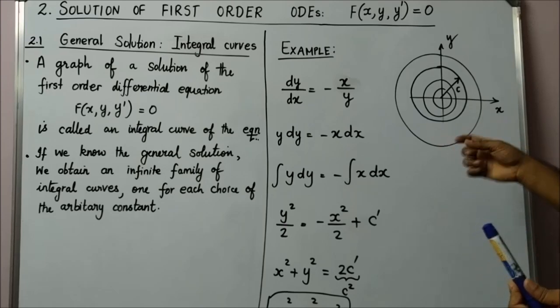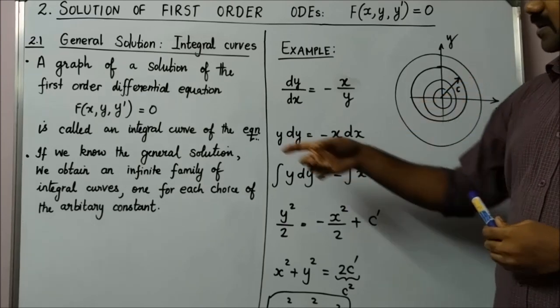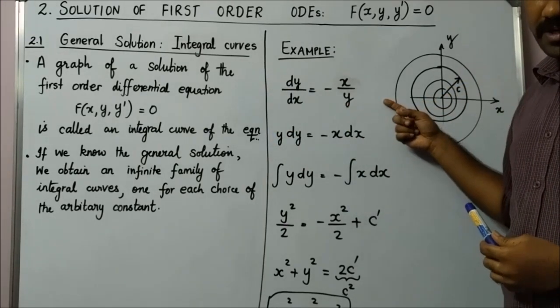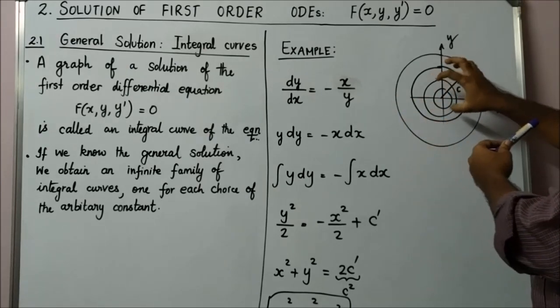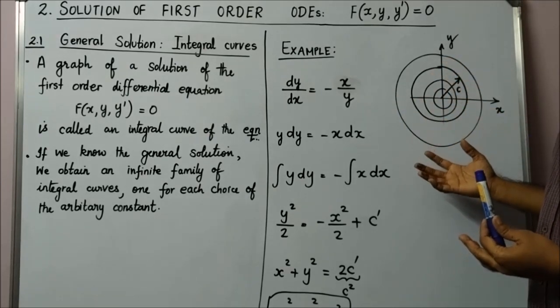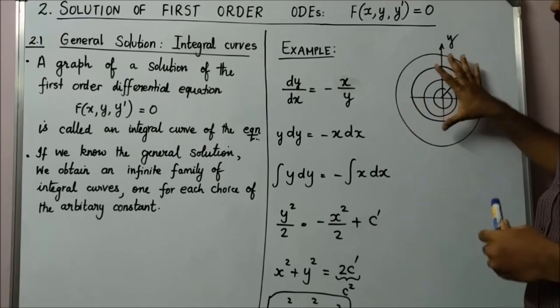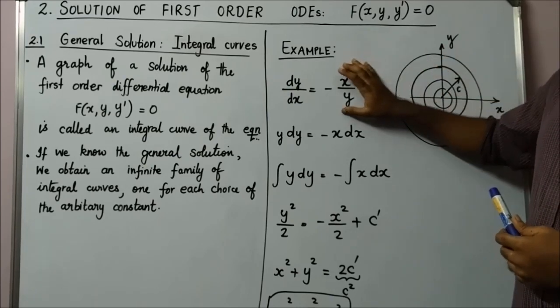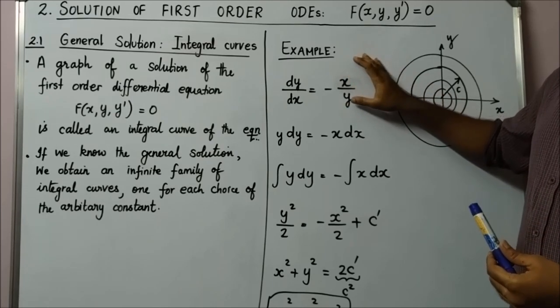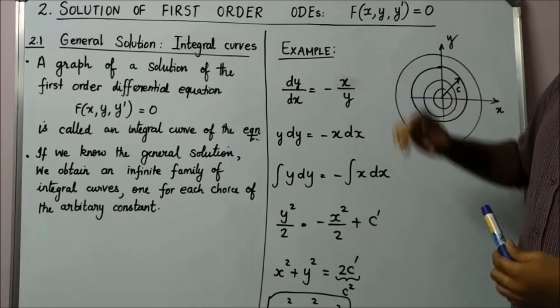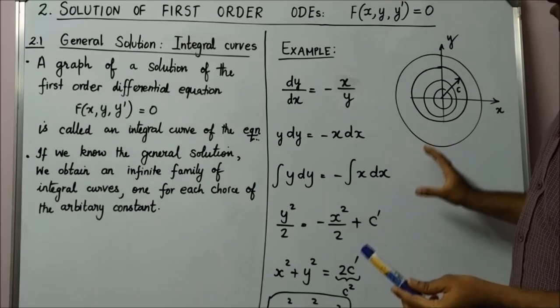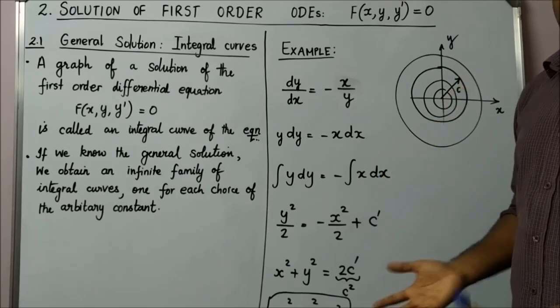So now what is an integral curve? Any of these circles will be an integral curve to this ODE, and all these concentric circles which are centered at the origin having different radii, they are all solutions to this ODE, and they form the family of integral curves. So this is the idea of a general solution to an ordinary differential equation.